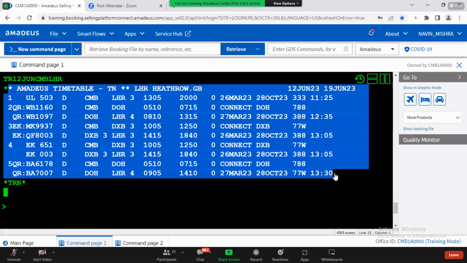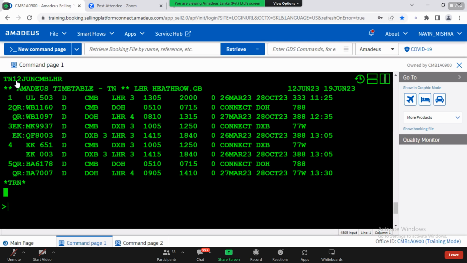Clear? So TN will help you find the timetable with a date like this. And if you want the timetable of a specific airline, what will you do? You type the same command, TN date, then slash. What does the slash stand for? Slash will help you with the filtration.